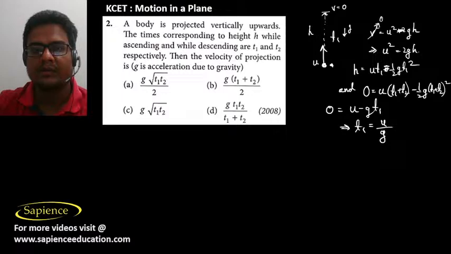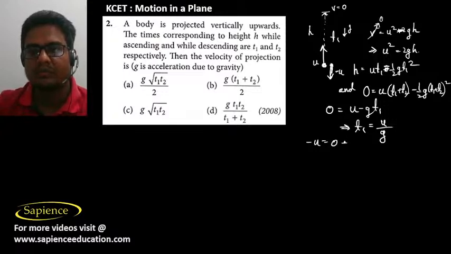And finally when it returns back, its final velocity will be minus u, which is downward. So I can say that minus u is equal to v, which is 0 plus g t2, in the negative sense, so minus g t2. So t2 will be equal to u by g also.